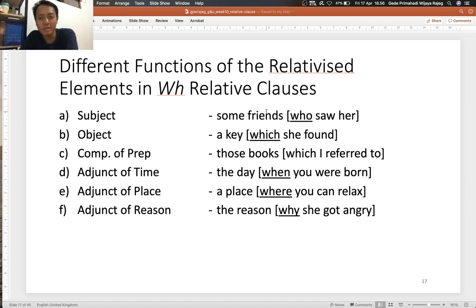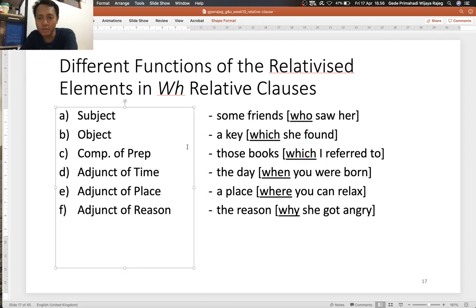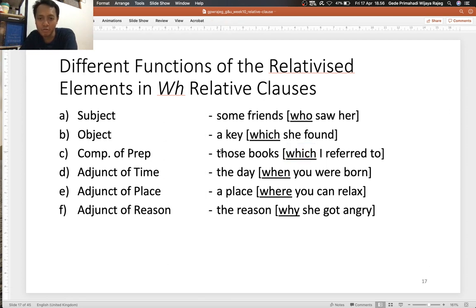The relativized element can also be the complement of a preposition, such as in those books which I refer to. Those books here is anaphorically related to which, and this relativized element is the complement of the preposition to. So you would say something like, I refer to those books. That's the declarative main clause sentence, not the relative clause sentence.